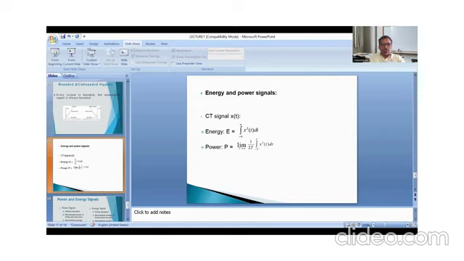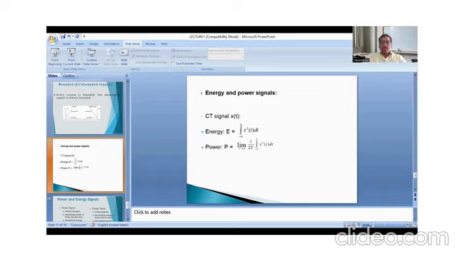For power signals, the energy averaged over infinite time is infinite. For energy signals, the average power should be equal to 0. Power signals are mathematically tractable signals, whereas energy signals are physically realizable signals.